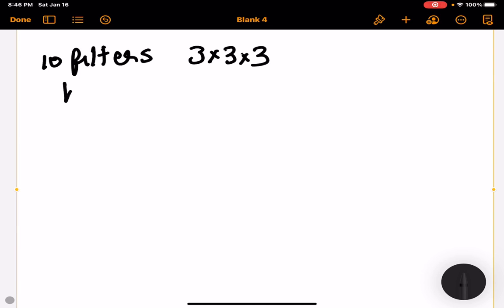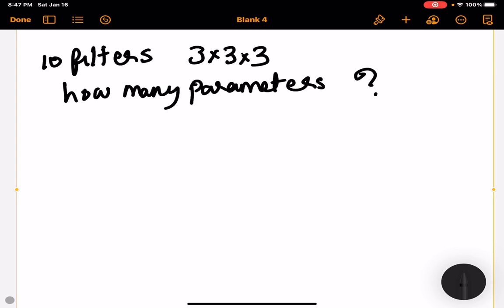In that case, how many parameters does this layer have? So we know that in a CNN, we treat the numbers present in our filters to be the parameters, right?